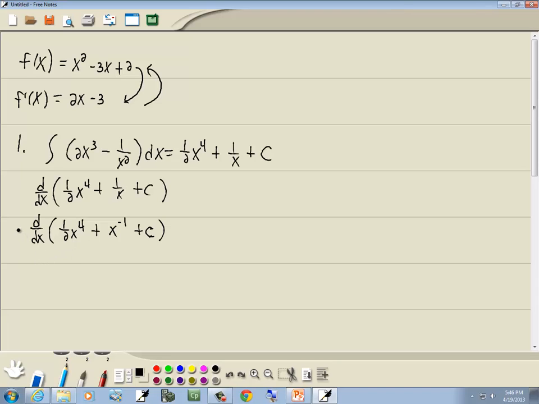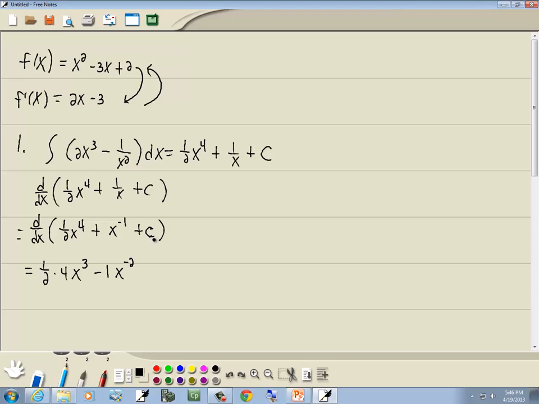Okay, so for our derivative, take our power, put it out in front, and lower it by 1. So we got 1/2 times 4 x to the third. Take our power, put it out in front, lower it by 1. Negative 1 minus 1 is negative 2.